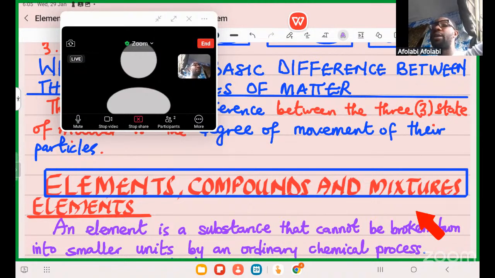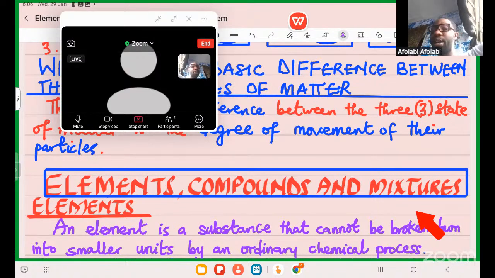Uranium is an element in the periodic table, so they use it in making atomic bombs. When it detonates, it is going to split and give another element that is also radioactive. So now that uranium has been broken down, that is a special reaction, not an ordinary reaction.